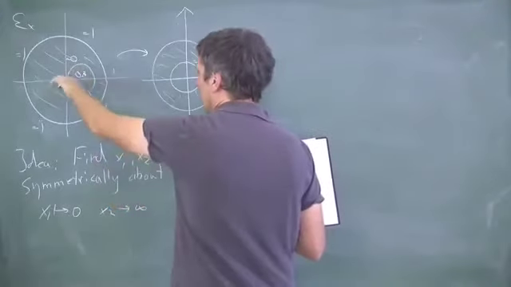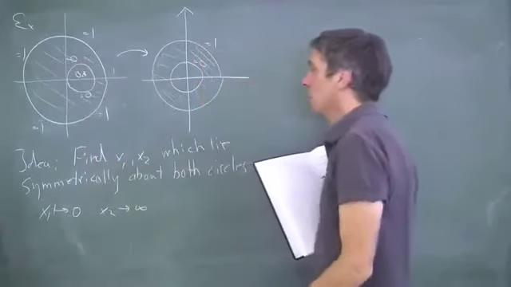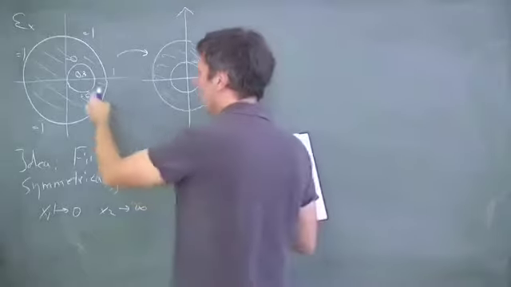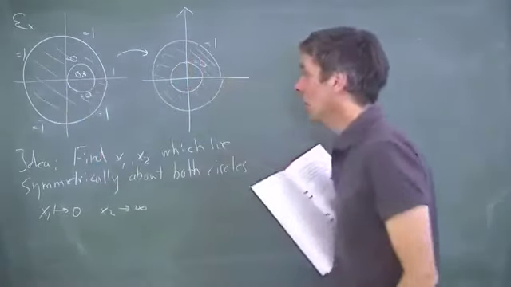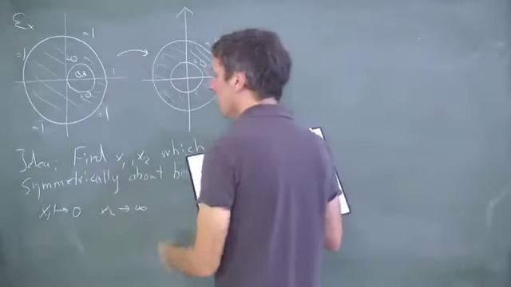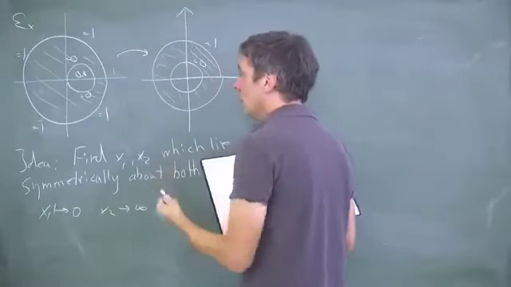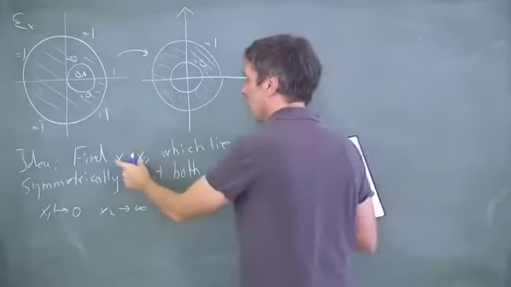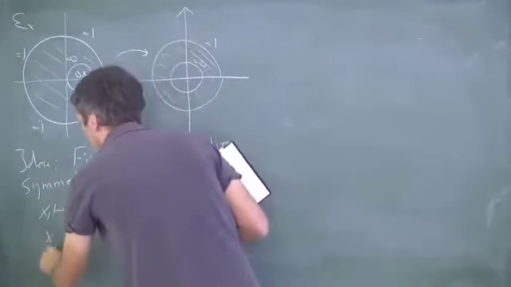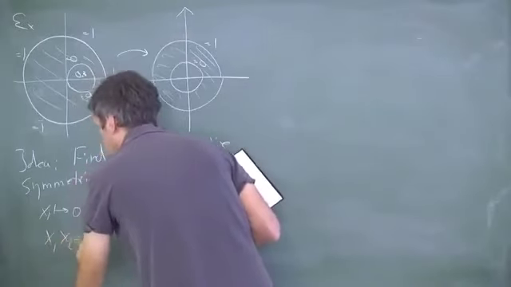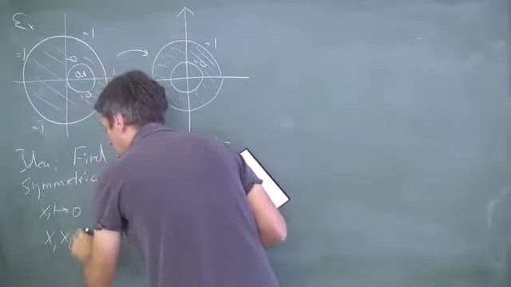Since this picture is symmetric about the real axis, it's very natural to look for these points on the real axis and actually on the positive real axis. And then we already know the condition for these 2 points to lie symmetrically about the outer circle, namely that the product of these numbers should be equal to 1.